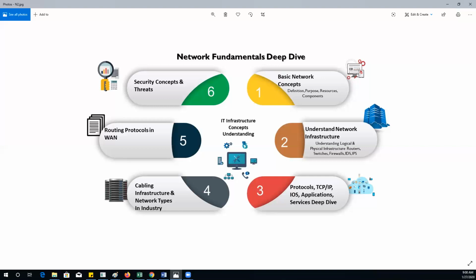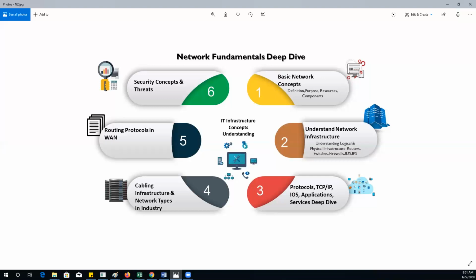After the completion of the five phases, the most important area will start in this network fundamentals deep dive course, which is called security concepts and threats. As you know, we are talking about the internet.